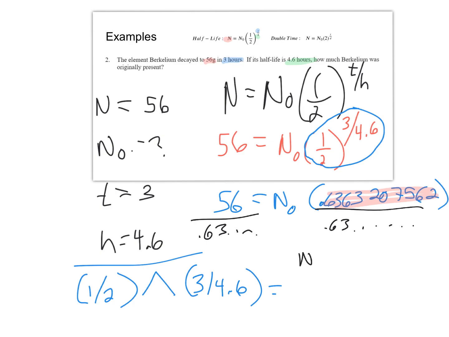So N-O is equal to, on my calculator, 56 divided by, and I'm going to hit the previous answer button. As I showed you in other videos, typically it's a second function, so you'd hit second, and then whatever button says ANS. So second function answer equals.